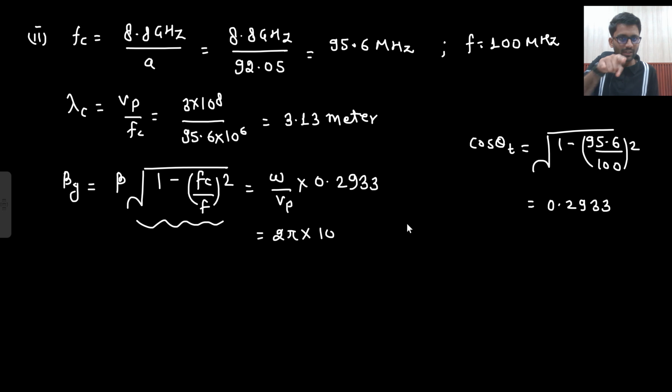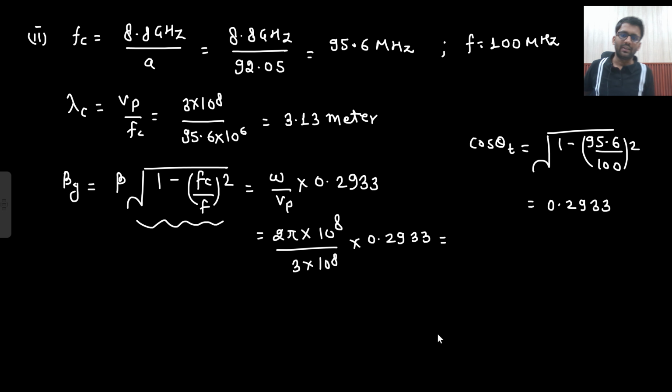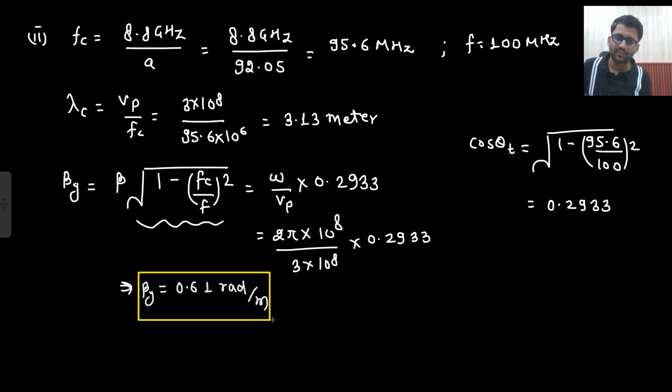Here there is no omega c, it is omega only. 100 megahertz means 10 to the power 8, divided by Vp, 3 into 10 to the power 8, into 0.2933. So from here, what is the value of beta g you are getting? This calculation we can do: 0.2933 into 2 into pi divided by 3, so 0.61 radian per meter. So this is your beta g. Is that clear to you?